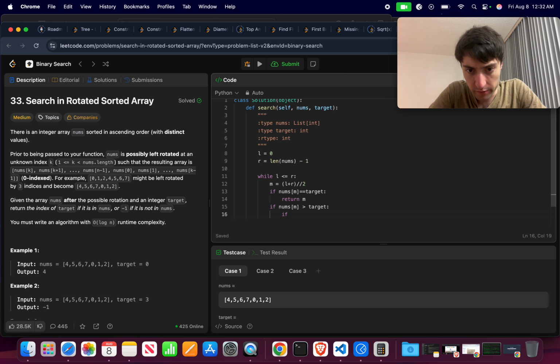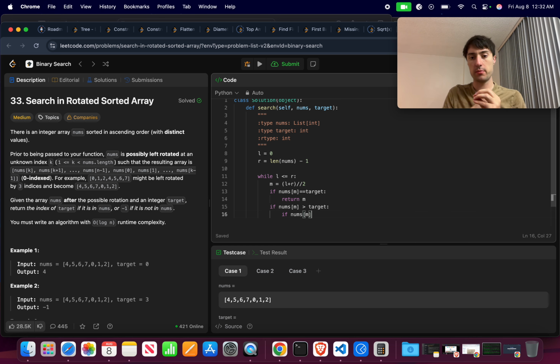So how do I check if there's a pivot in that interval? I want to check that there isn't a pivot.